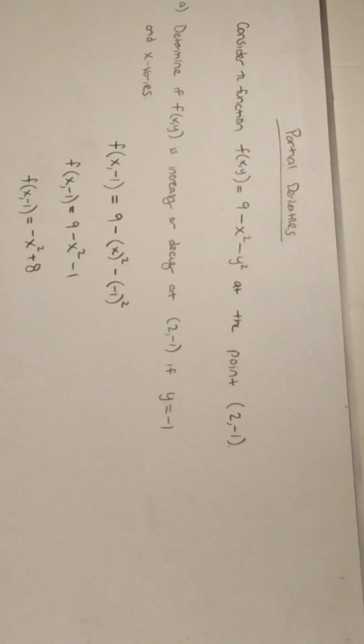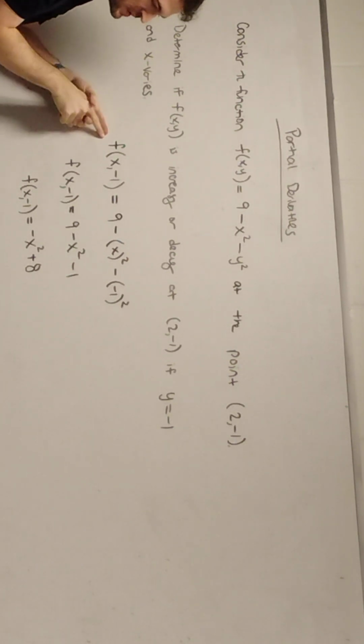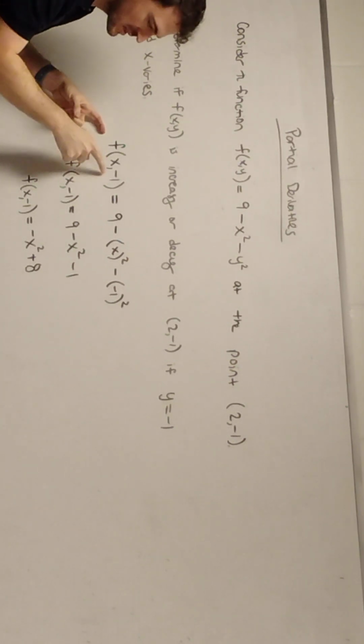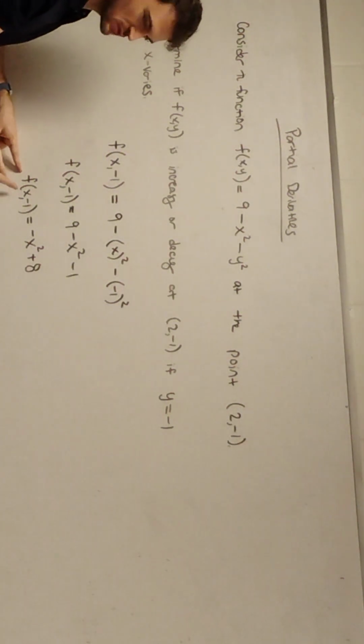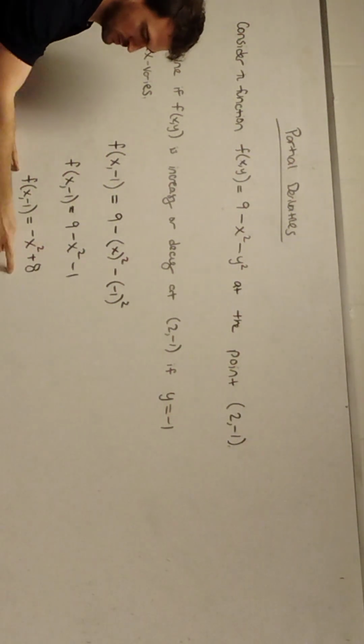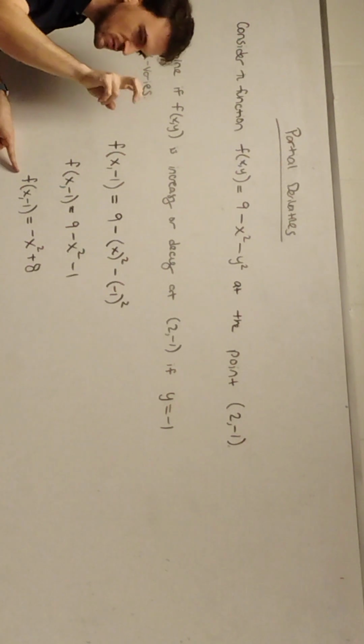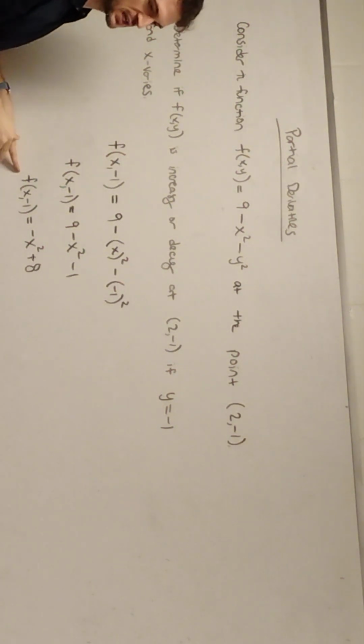And I want to make sense of all the different lines as we go throughout this. So again, this is saying f of x comma -1. This should now be a function in terms of one single variable, which it is. So x varies. Y is always -1.